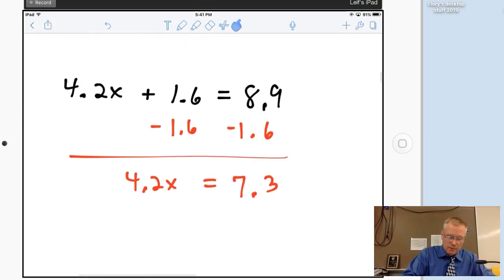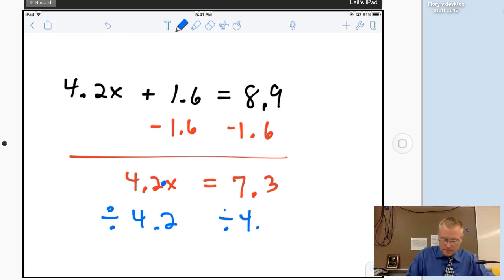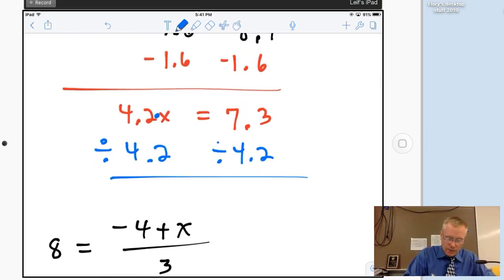And then you divide, because there's multiplication connecting the 4.2 and the x, and the opposite of multiplying is dividing. And if I take my calculator and go 7.3 divided by 4.2, I'll get 1.74. Now it came out as a messy decimal if I round off.